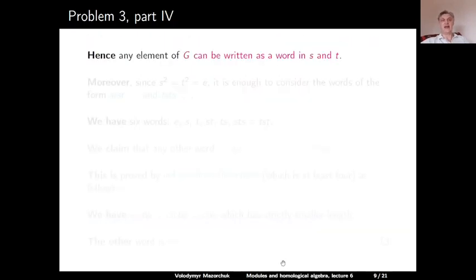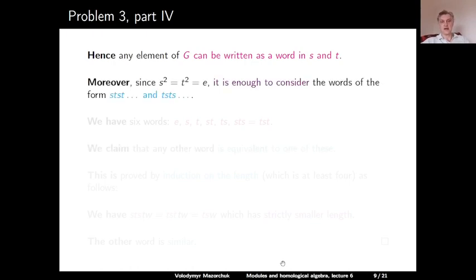So this means that any element of G can be written as a word just in S's and T's. Moreover, since S squared and T squared are the identity, it is enough to consider the words where S and T alternate. So the words of the form S, T, S, T, S, and so on, or T, S, T, S, T, S, and so on.